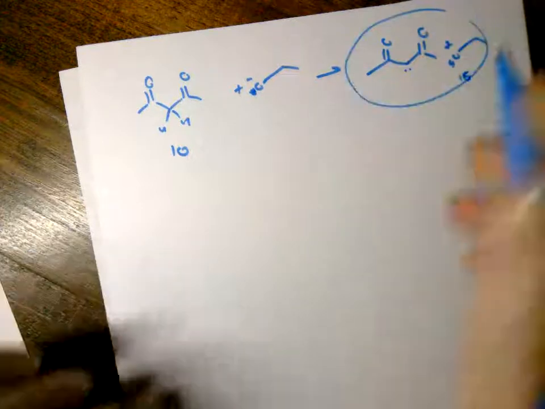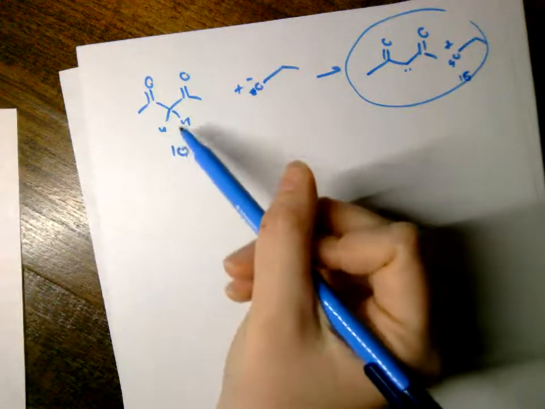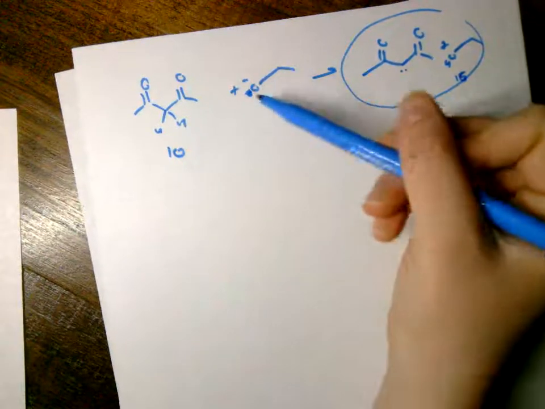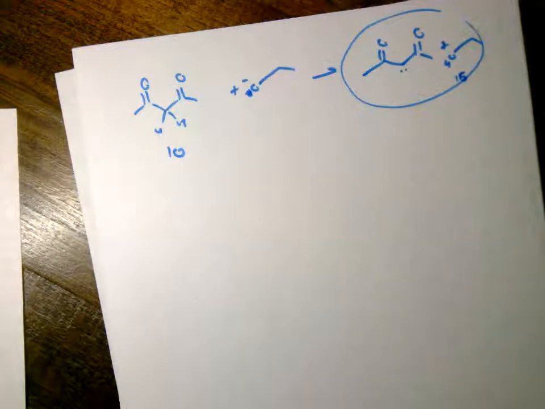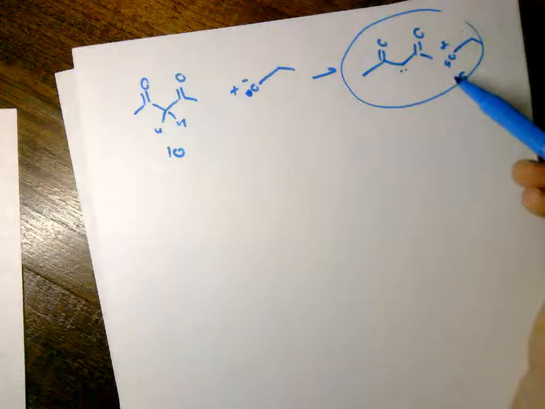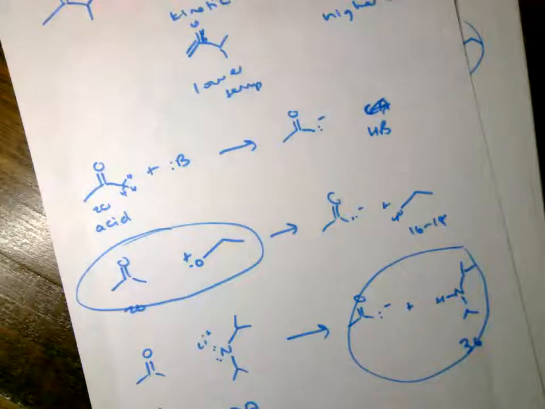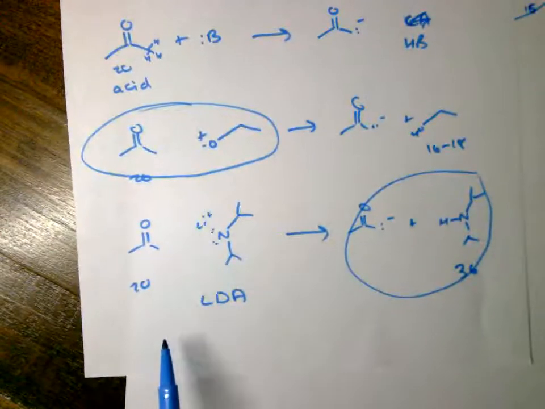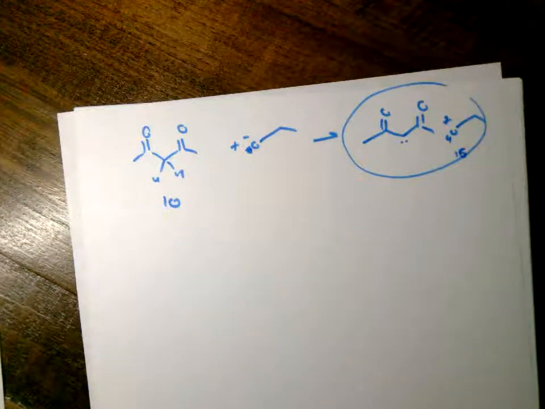So this side is actually favored. So you have to really consider the pKa of the thing you're trying to deprotonate and the conjugate acid of the base that you're using, to decide which side of the reaction it's going to favor. In general, you need a base whose conjugate acid has a larger pKa than whatever you're trying to deprotonate. So in the case of ketones, it needs to be bigger than 20, so like 36. In the case of diketones, it needs to be bigger than 10, so like ethoxide would be great.